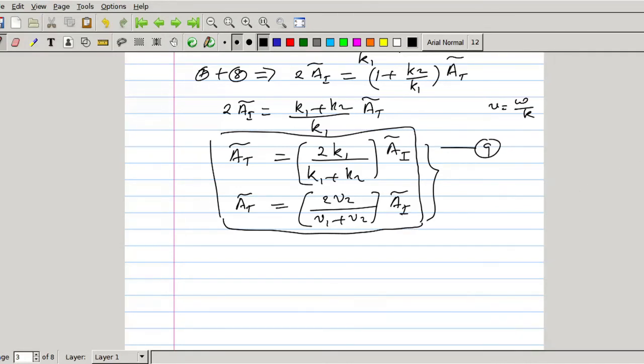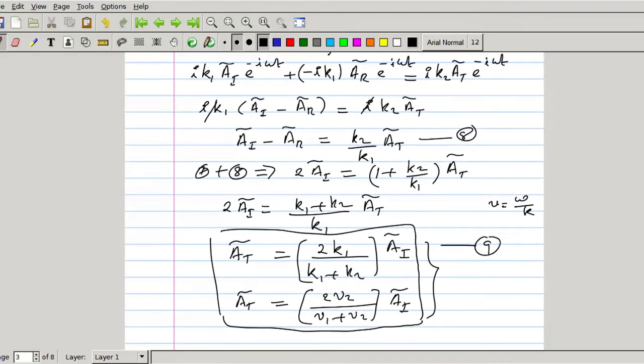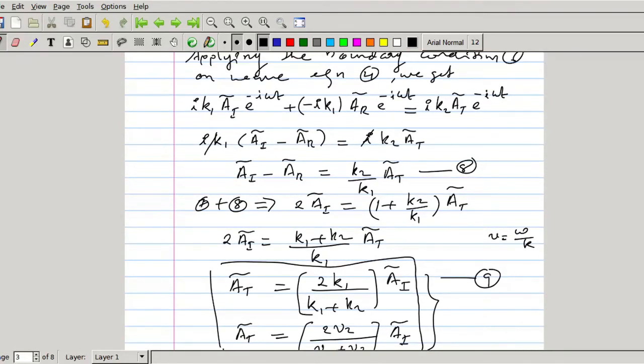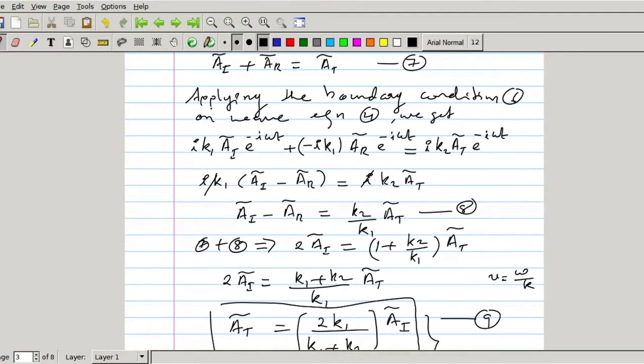Now we find the amplitude of reflected wave in terms of the amplitude of incident wave. For finding the reflected wave, take the difference of equations 7 and 8. Taking the difference, AI minus AI, this will cancel. AR minus AR, 2AR equal to AT minus K2 by K1 AT. That will be 1 minus K2 by K1 AT.